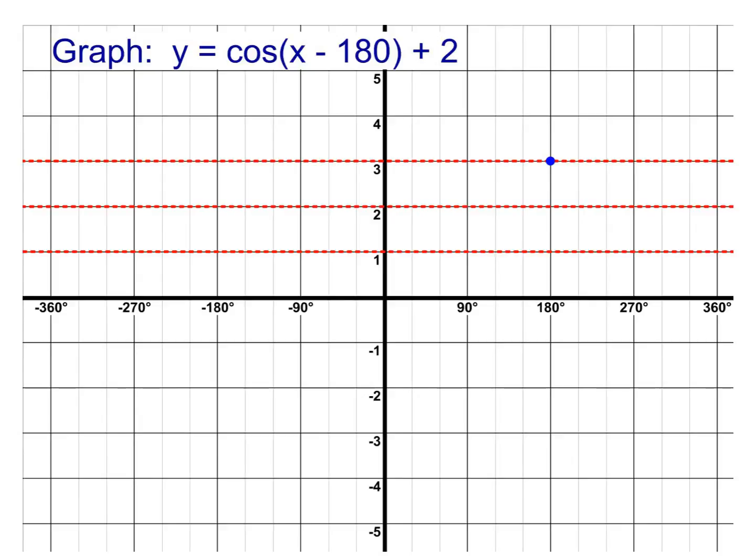So from the top, we go top, then middle, then bottom, then middle, top, middle, bottom, middle, top, middle, bottom, middle, top. It goes on forever. It follows that exact same pattern, both sides. So that's where your points should all go. And then once you've drawn in the points, yes, draw in the curve.